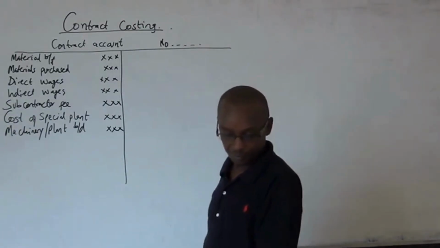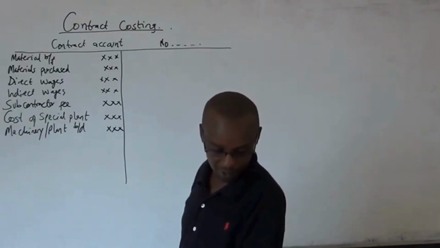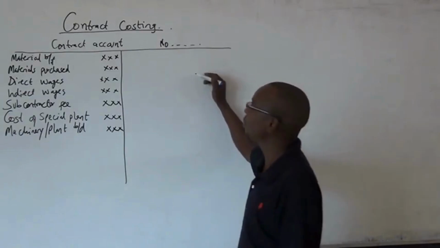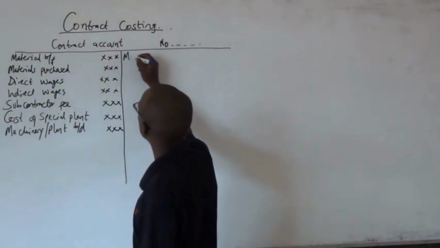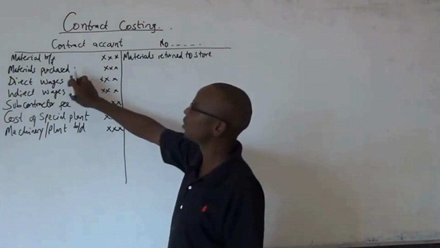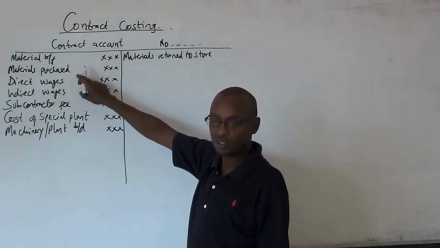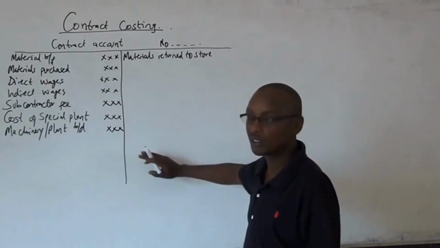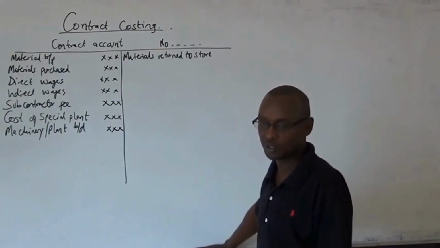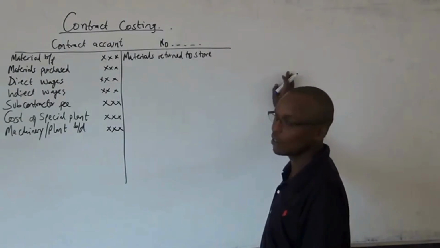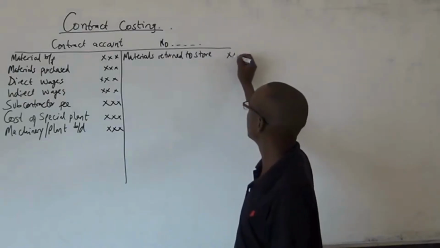Another thing that we put on the credit side is material returned to stores. We have purchased the material here, we have done our contract, but we have not finished all the materials, so we return some materials to the store and we put them here.